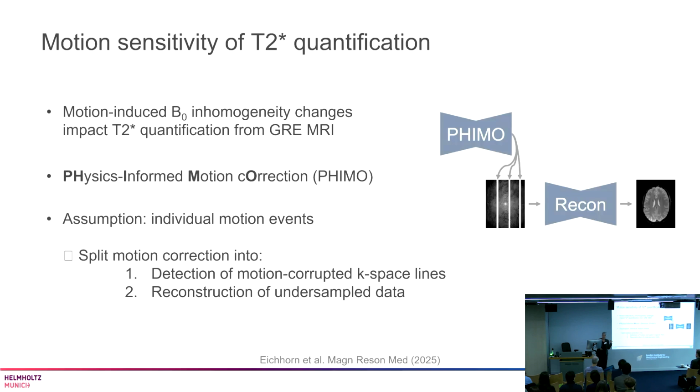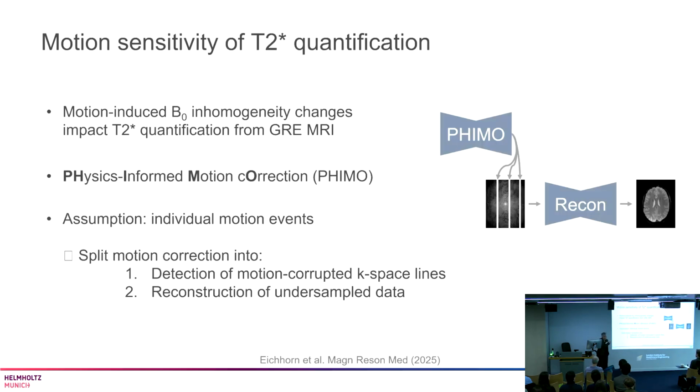Then we convert our motion reconstruction problem into just a simple undersampling reconstruction problem, which is much easier, right? Because we've seen, Florian, despite the limitations, if you take out all the corrupted stuff, the good stuff stays. And unless you go to 100-fold acceleration, you get some good images.